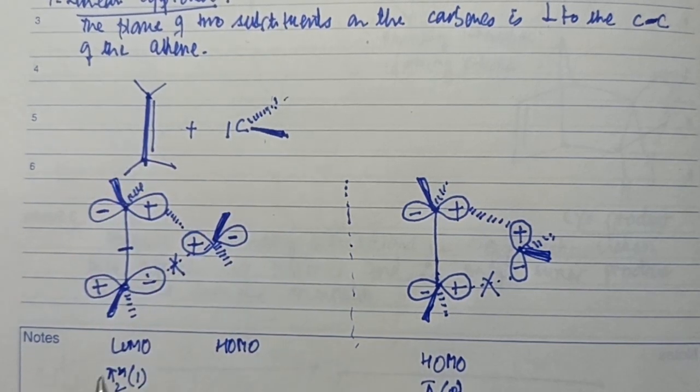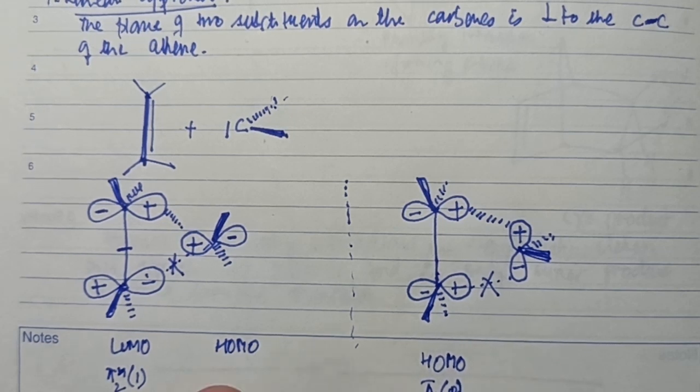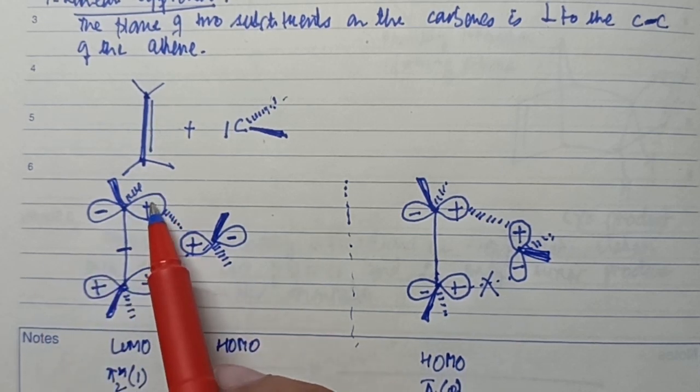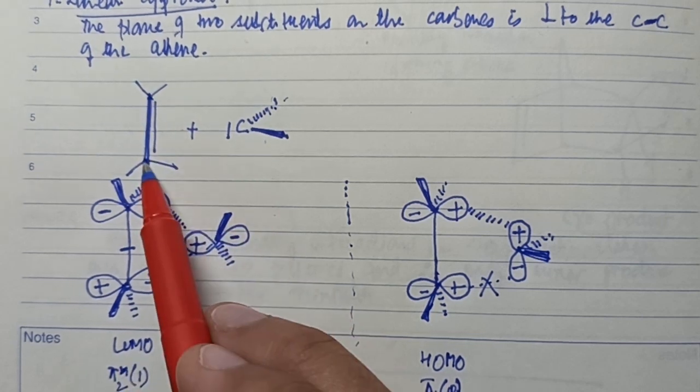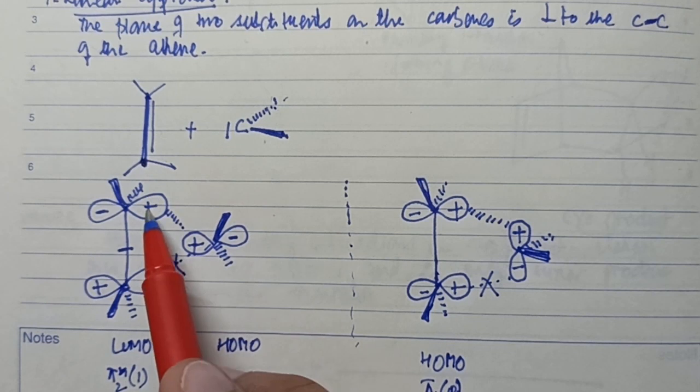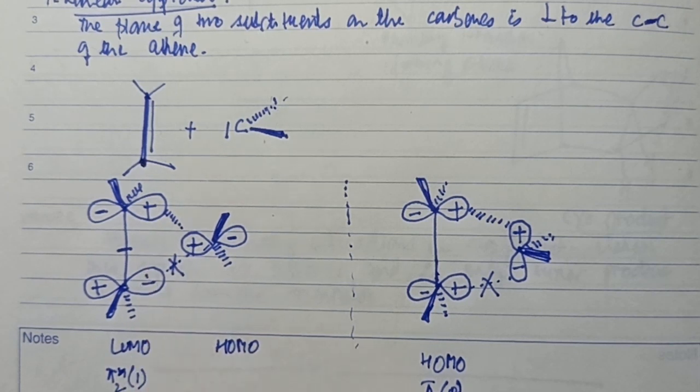Then there are two possible orientations, or two possible ways in which you can draw the lobes for this one. Let's say I draw my alkene in this fashion, in which we know that an alkene is formed of two carbon atoms which form a pi bond. So there are two molecular orbitals. We call these molecular orbitals pi 1 and pi 2, pi 1 star and pi 2 star.